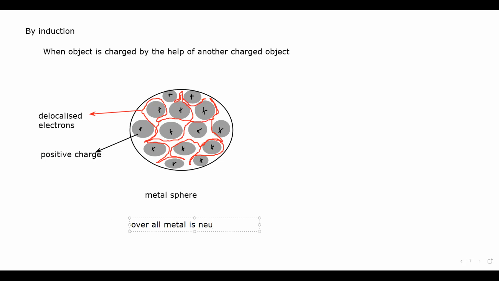Sir, I'm sorry, the net charge in this metal sphere is neutral, right? Yes, the net charge overall in the metal sphere is neutral because the number of positive ions is equal to the number of delocalized electrons. Clear, thank you.